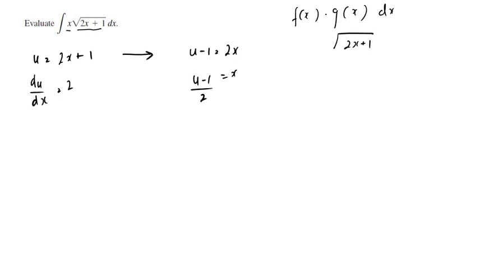So dx is equal to du over 2, and we have u and we have x, so that we can make this a function of u.